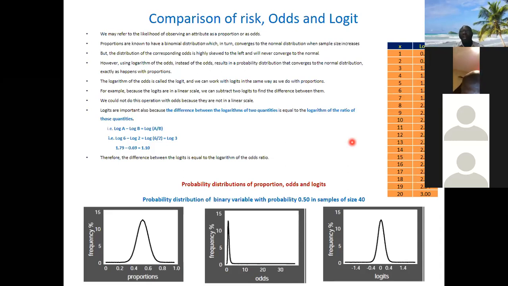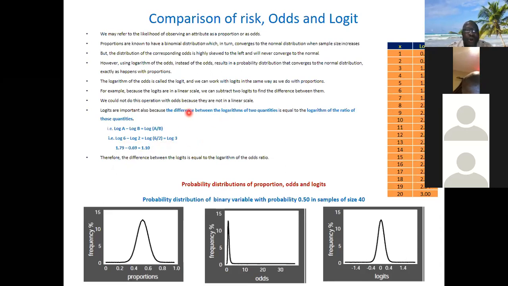Look at an example here. I put values from 1 to 20 and took their logarithm. For example, logarithm of 6 minus logarithm of 2 will give you logarithm of 6 over 2, that is logarithm of 3.